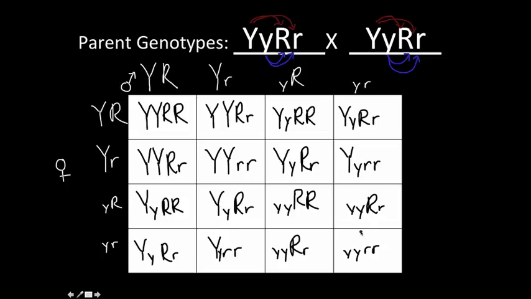All right. So now that we have this all filled in, we can go through and use the principle of dominance to determine whether the offspring that represents the gametes coming together in each box are going to be yellow or green, and round or wrinkled.